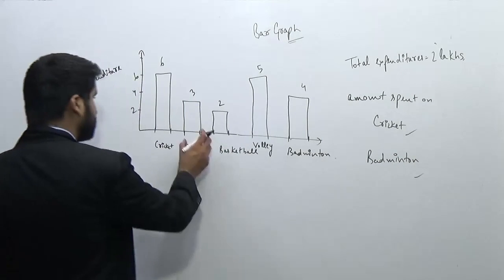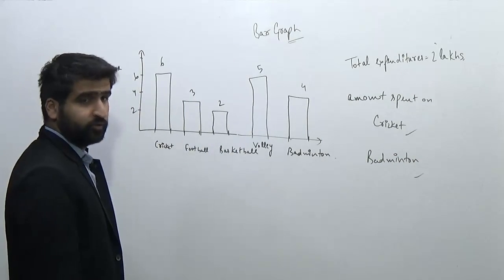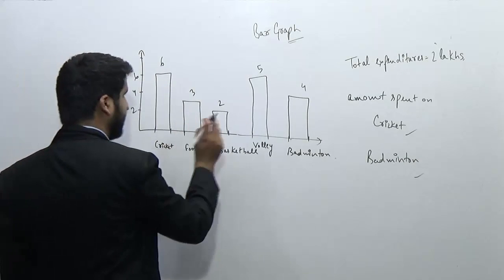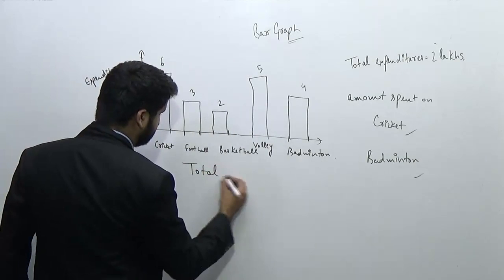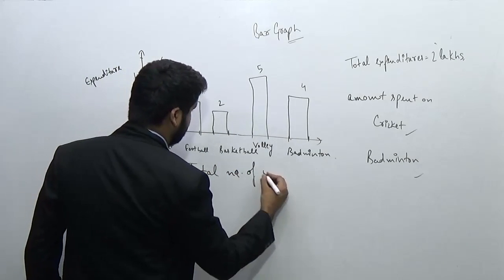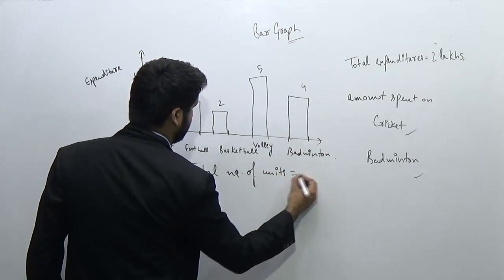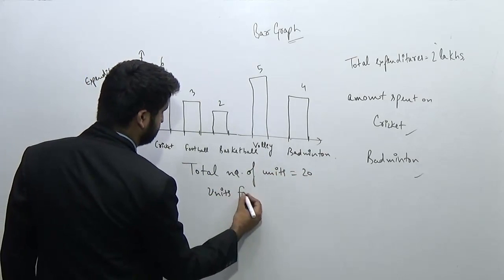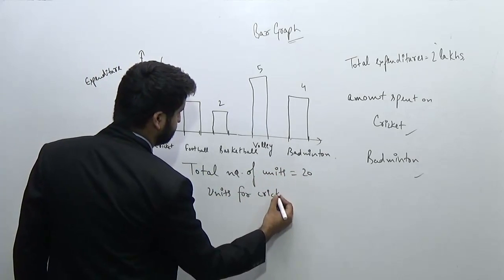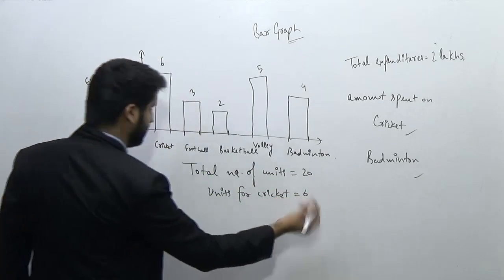And can you tell me the total number of units? The total number of units is 9, 11 and 20. Right? So the total number of units here is equal to 20, and the units for cricket are equal to 6 over here.